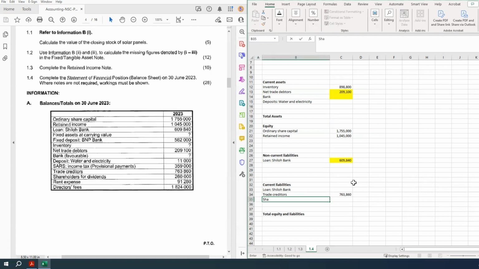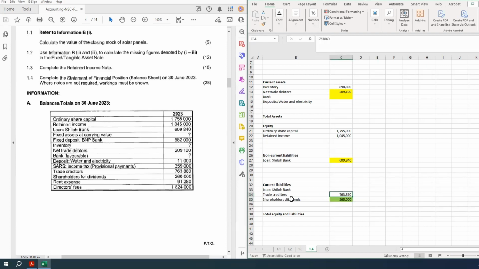All right, so I'll include that as part of my current liabilities, because there is a requirement to settle your dividends within a certain time frame, which is shorter than 12 months. So ideally, this will form part of my current liabilities. All right, so the amount 260, and I don't need to do anything there because remember we've checked this as part of question 1.3. So I'm happy that that is the final amount.